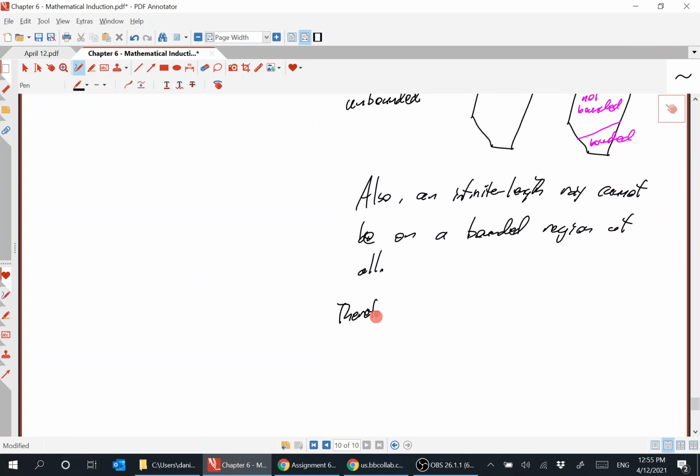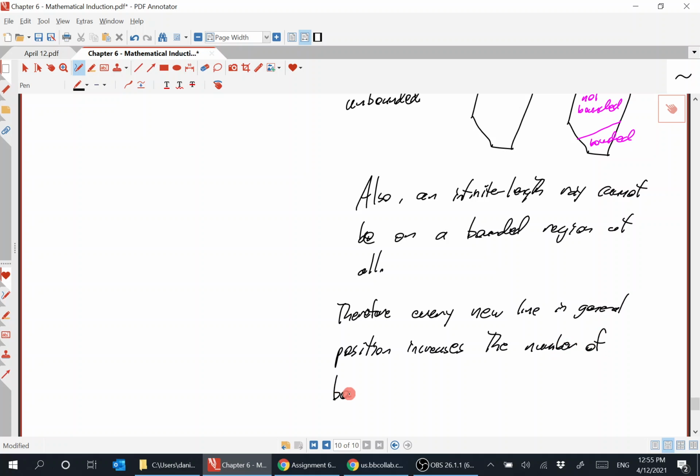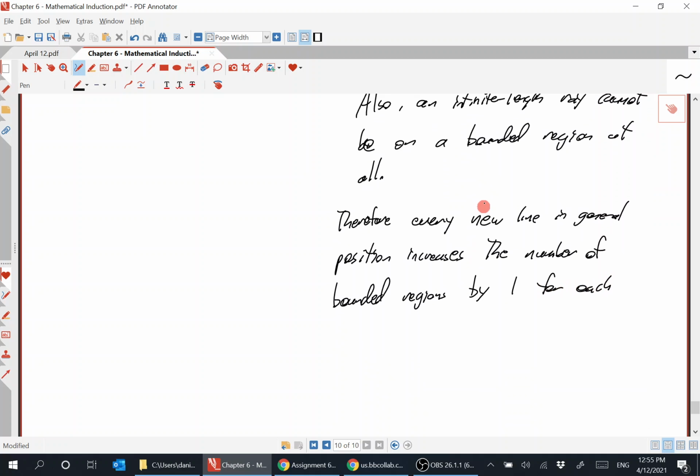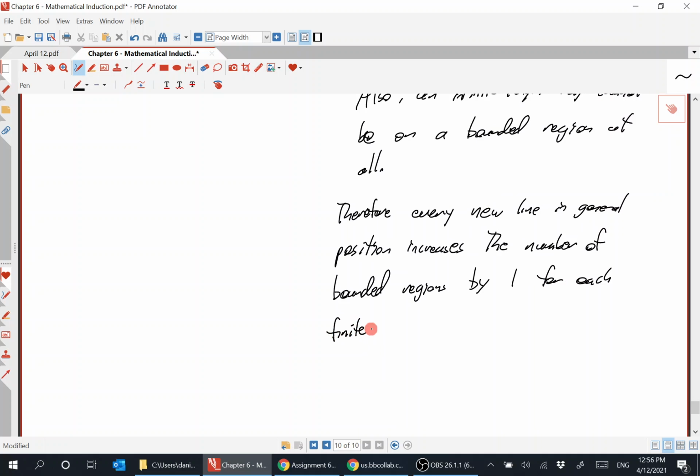Therefore, every new line in general position increases the number of bounded regions by 1 for each finite length line segment it gets divided into.